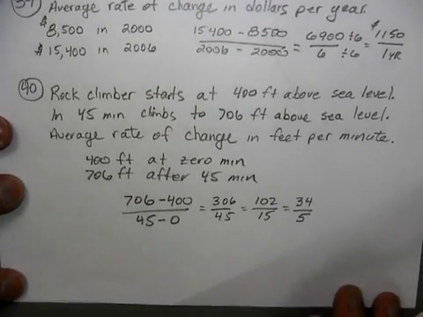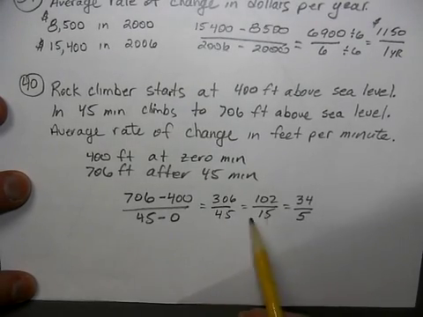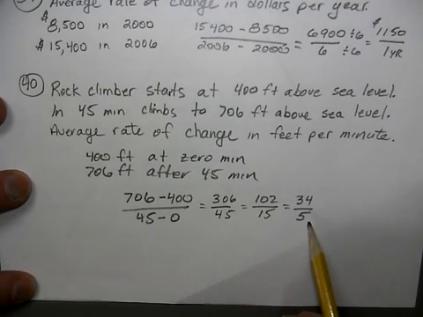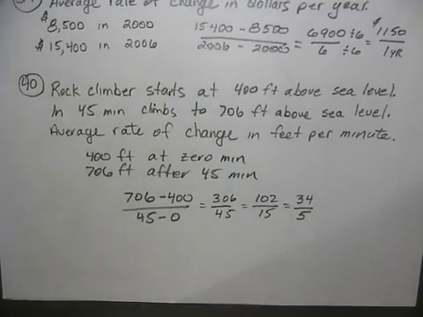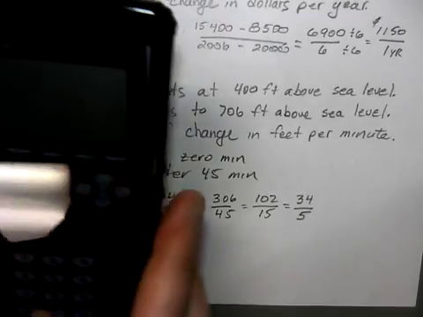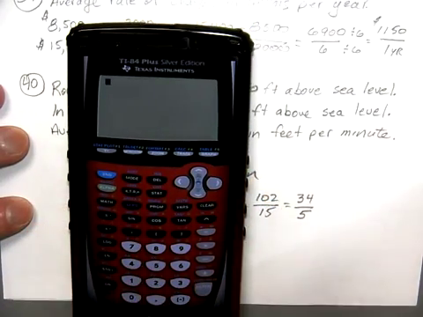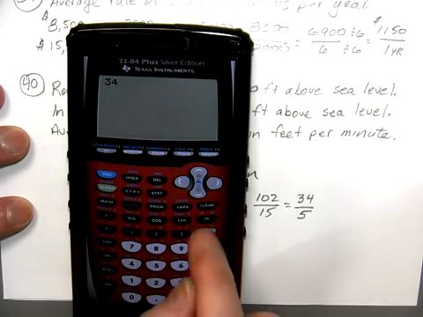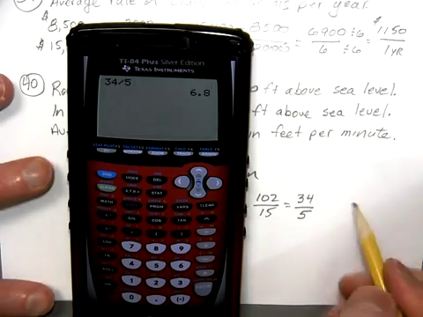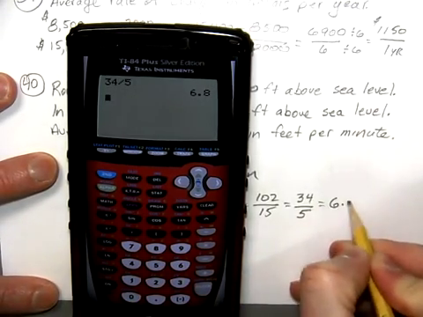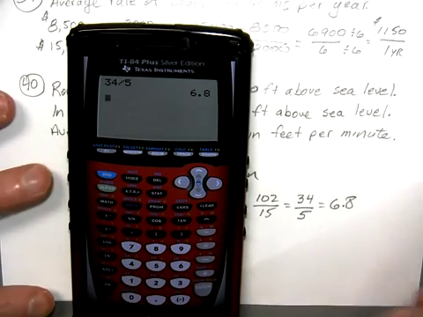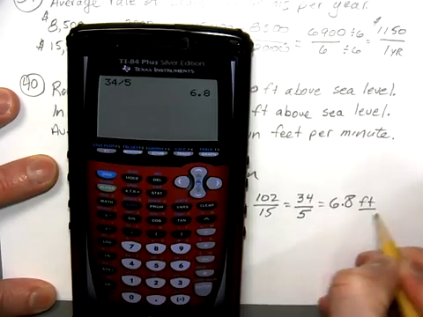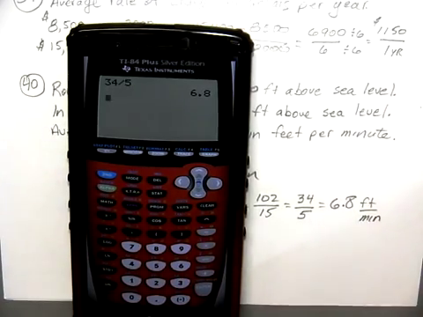Now this last one, notice that we can't keep reducing it all the way to get a denominator of 1 because 5 doesn't go into that. So using your calculator, you can take 34 and divide that by 5, and that's going to give us 6.8. And that would be 6.8 feet per minute, or feet in 1 minute.